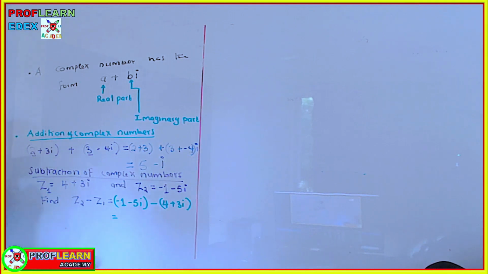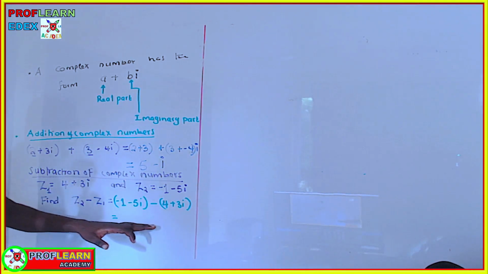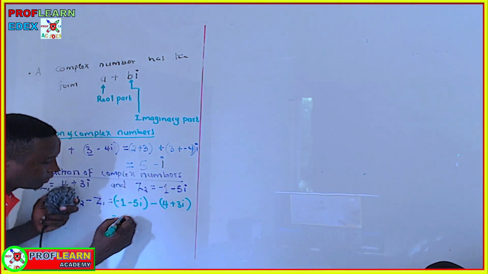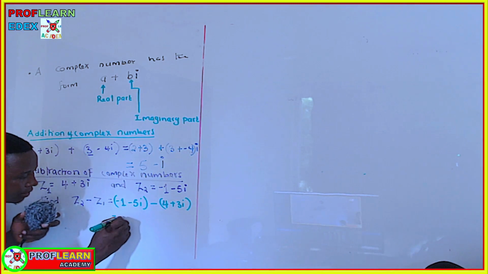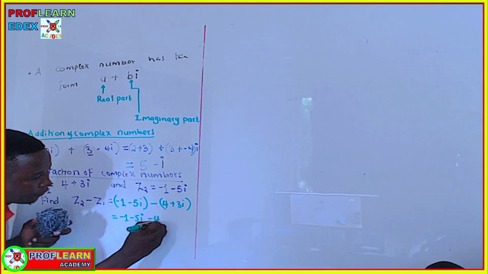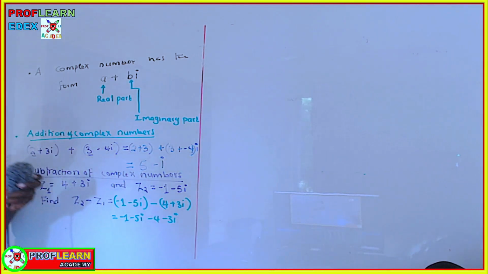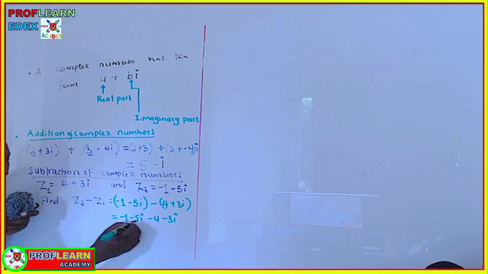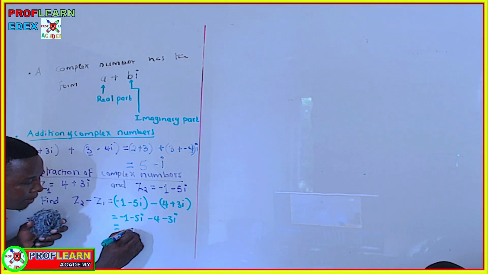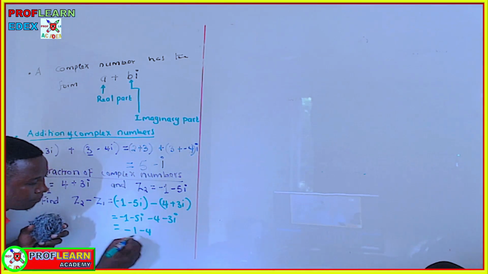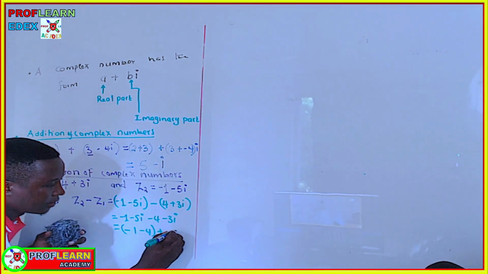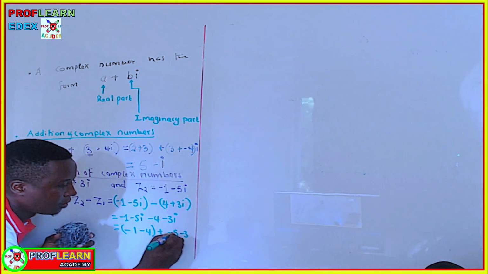So we are going to subtract the imaginary parts and we're going to subtract the real parts. So I can just open this bracket here and say this is minus 1 minus 5i, then this becomes minus 4 minus 3i. I'll put the real parts and the imaginary parts together, and that is going to be minus 1 minus 4, plus minus 5 minus 3i.